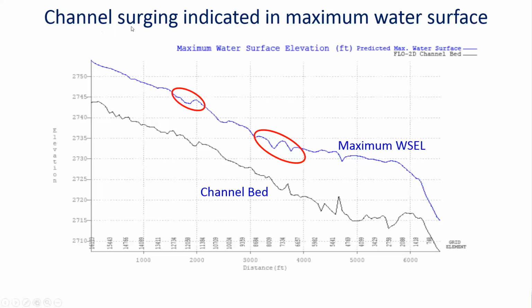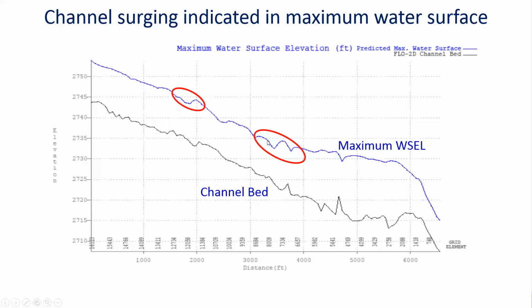Now, instability may also be viewed if you plot the maximum water surface and you see some adverse slopes in your maximum water surface here, here, a little one here. This is impractical for flow that is just inflow from upstream and there is no inflow downstream.